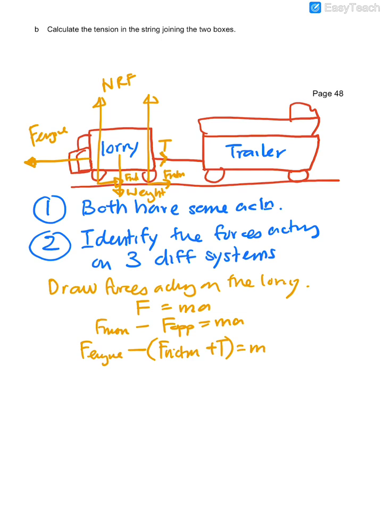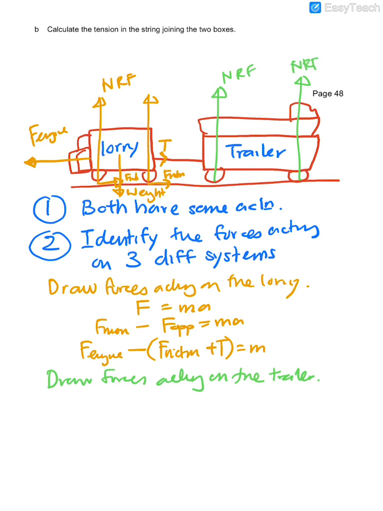So now let's say I choose green and ask you to draw forces acting on the trailer. Similar idea. Dylan, start. Normal reaction force. Next, Shahir. Friction, which way? Left or right? To the right.